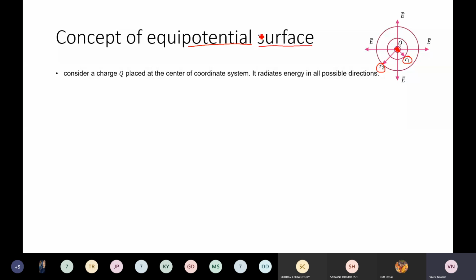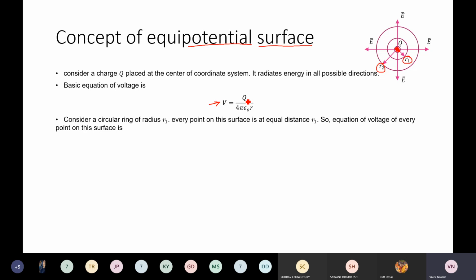Consider a charge q placed at the center of the coordinate system. It radiates energy in all possible directions. Basic equation of voltage is, we just saw, V is equal to Q upon 4 pi epsilon 0 R. Consider a ring of radius R1. Every point on this surface, which surface? The surface with radius R1.